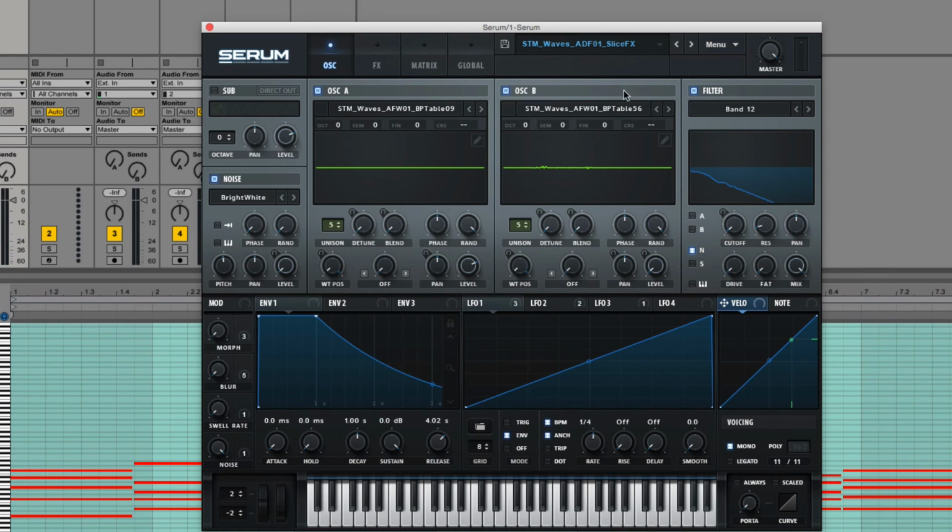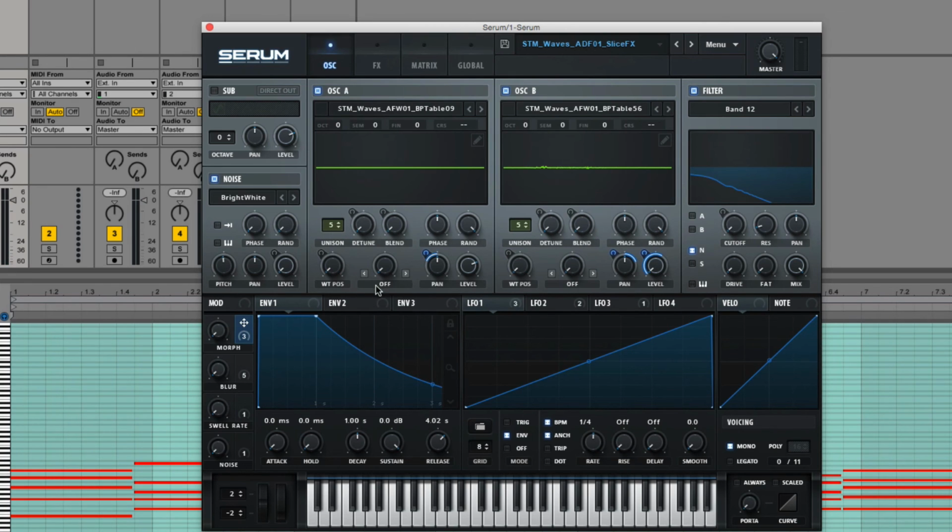So how does it work? Well, first of all, it utilizes two of our bandpass tables. Two separate ones, and you morph between them. Correct? Yes. Well, it's more of an addition.